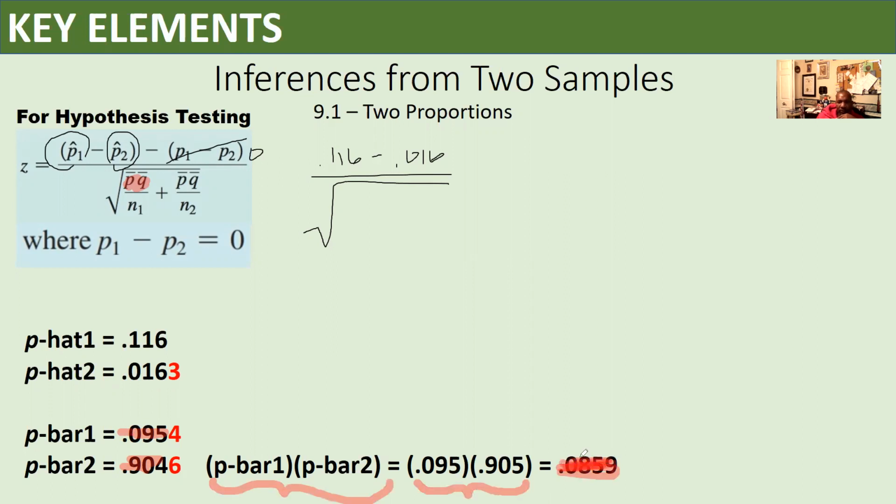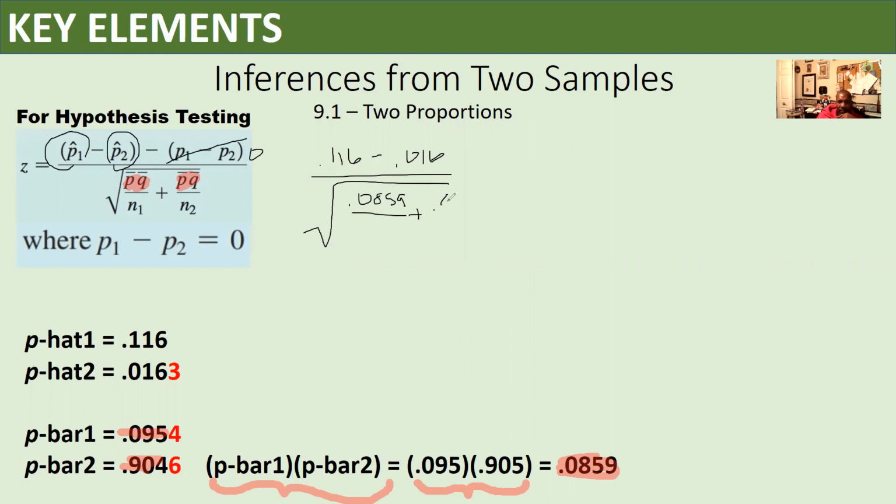The reason why I'm doing this on the side is because if you look at this equation, you'll see that P bar times Q bar is used twice. So calculating it off to the side and just referring back to this number of 0.0859 will save us a little bit of time. So when I'm going into my equation, we know that the 0.0859 is going to be atop of both of these values.